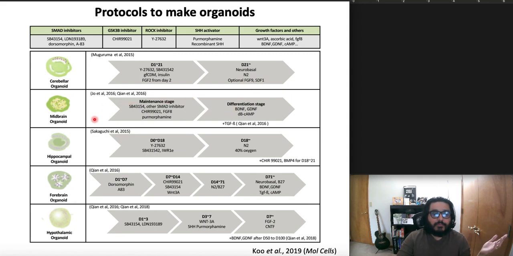And this one has different timing with different chemicals or reagents added and different media added, right? And so each organoid has its unique growth factors it uses, and typically there is some kind of removal or change with time to different growth factors and different media along the way to really push into one specific brain region.